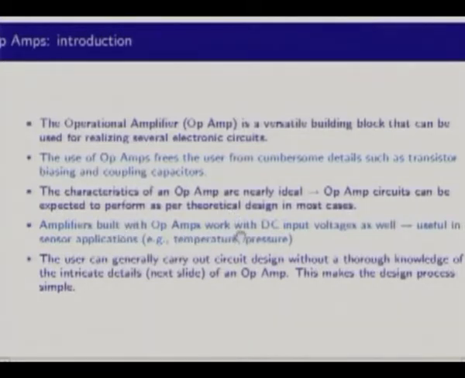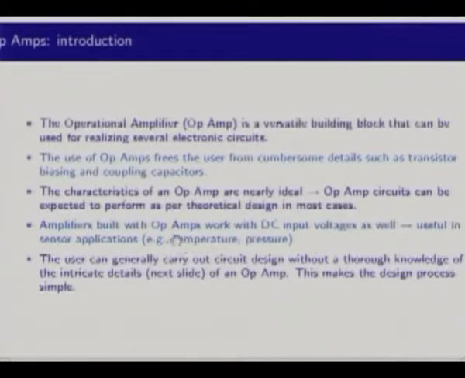Amplifiers built with op-amps work with DC input voltages as well, and this has to be contrasted with the common emitter amplifier. At this point you should point out to students that if you have a common emitter amplifier and apply a small DC voltage like 2 millivolts, even if the common emitter amplifier has a gain of 100, it is simply not going to amplify, because the coupling capacitor is going to simply block off the DC input voltage.